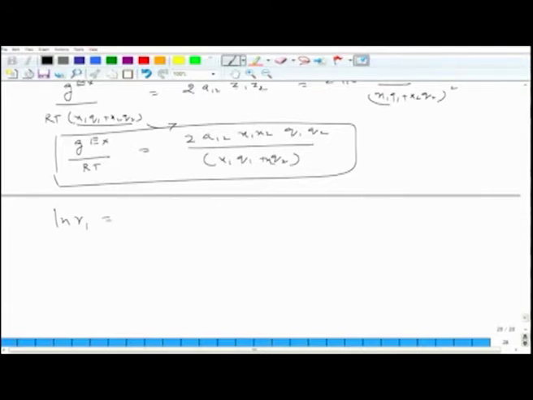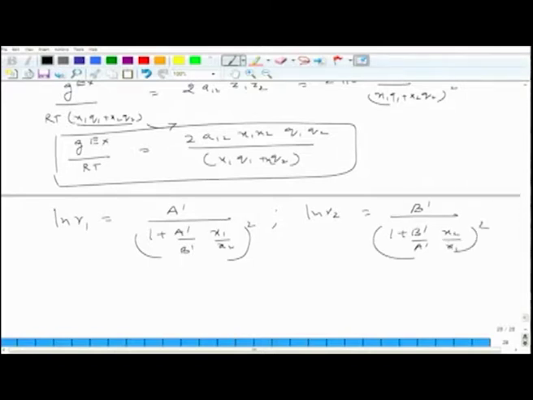So I am not deriving it; I get the following expression: ln gamma 1 is A dash 1 plus A dash X1 by B dash X2 whole squared, and ln gamma 2 is B dash 1 plus B dash X2 by A dash X1 whole squared, where A dash is 2Q1 A12.